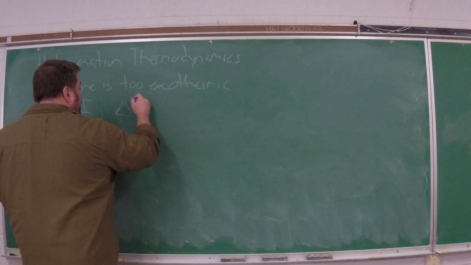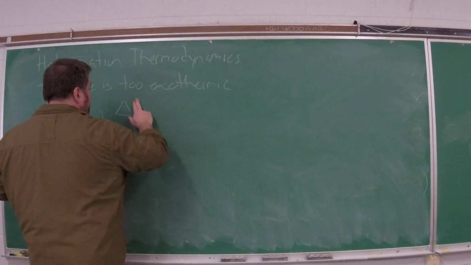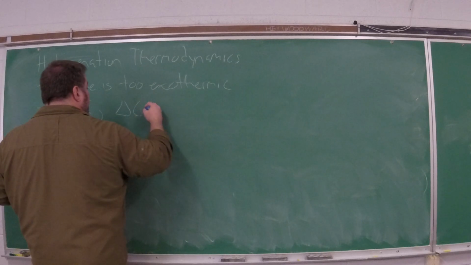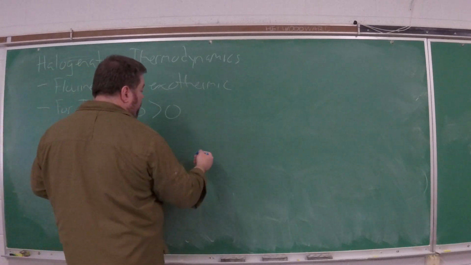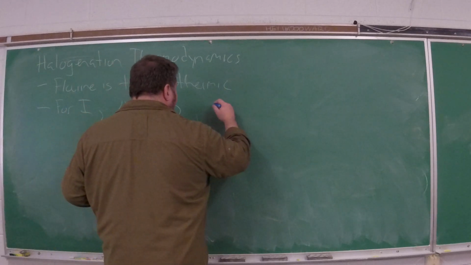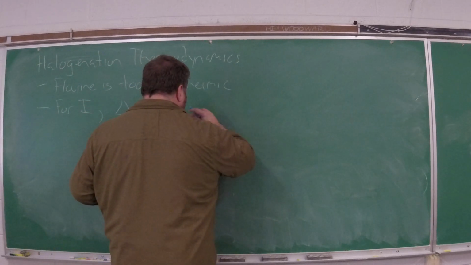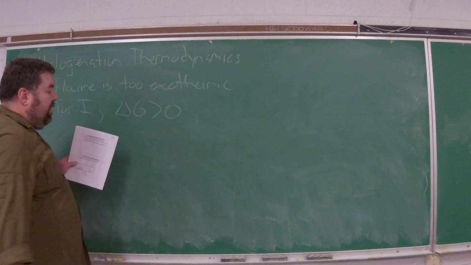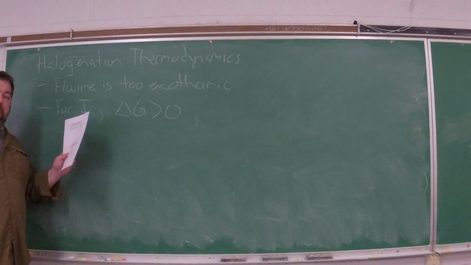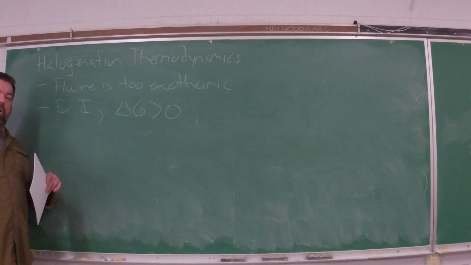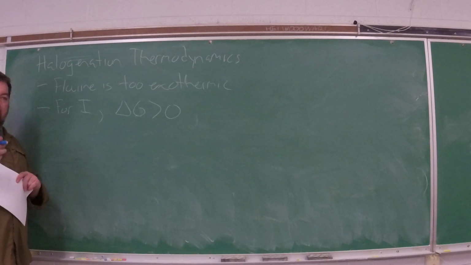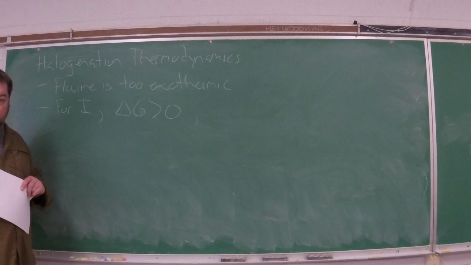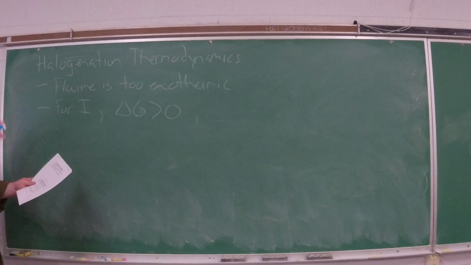Basically, delta G is greater than 0, okay? So delta G greater than 0 is non-spontaneous, right? Delta G less than 0 is spontaneous. So this is why we don't use these two in radical halogenation. But let's take a closer look.